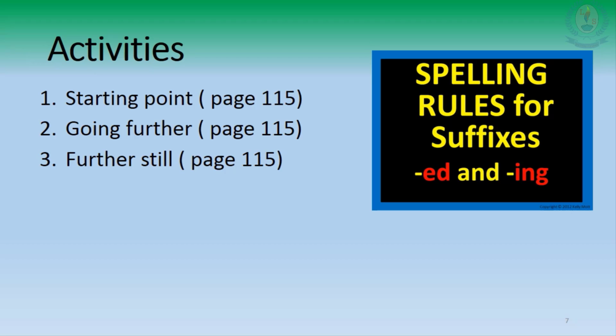There are 4 questions. You can do those questions. Further still activity, you need to rewrite the given extract, correcting any spelling errors. So you may find some spelling mistakes in some verbs. So you need to correct them. I think you can do these activities now.